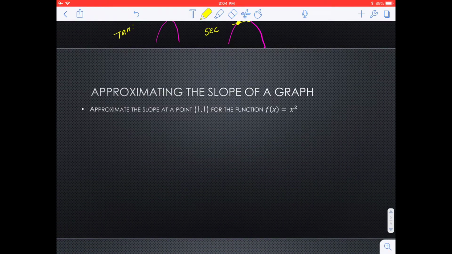Approximating the slope of a graph: I have the function f of x is equal to x squared, and I want to approximate at the point (1, 1). So we're going to identify point P to be the point (1, 1). Now, I want you to keep in mind what you're trying to do: you are trying to approximate the slope. If you recall from previous lessons, when we want to look for the slope, we have our slope formula, which says y2 minus y1 over x2 minus x1.